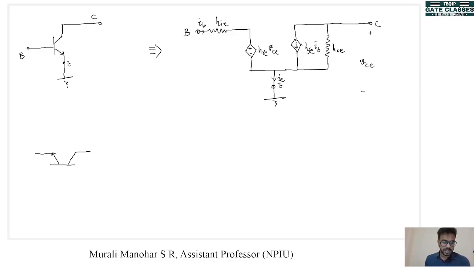I'm always choosing NPN transistors. That doesn't mean this cannot be used for PNP transistors. This can also be used for PNP transistors. This is emitter, this is collector, and this is base, and base is common. Now the circuit will look like this, only the notations will change.